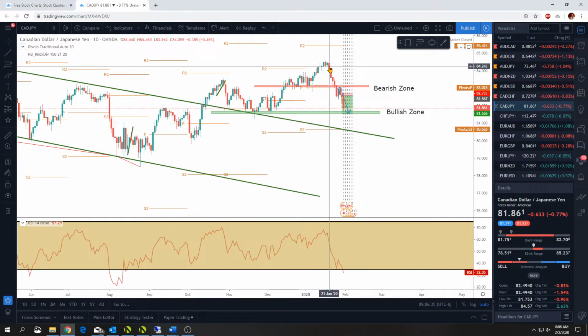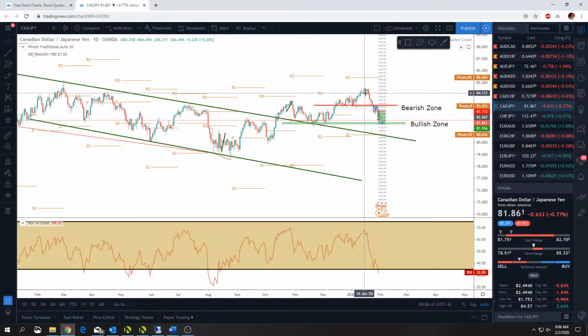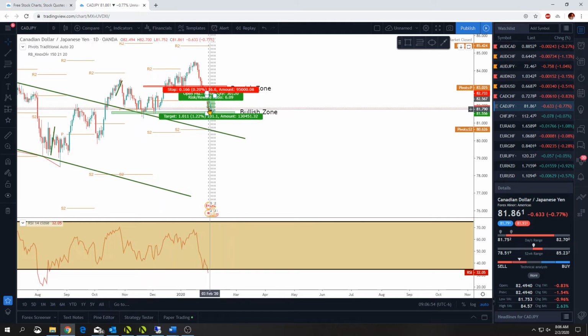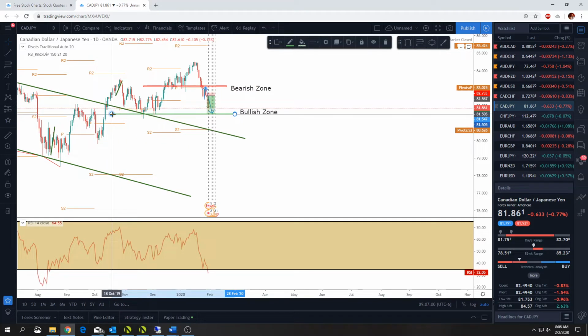See all of this red. That is the institutions injecting money into that JPY pair, and we're starting to see strong bullish or bearish moves on it. So let's watch this pair, see what's going to happen in this area. I'm not going to set an alert because I already have a sell trade, and once it closes, I'm going to be looking to see what price does in this zone, if we're going to get a good bounce on it.